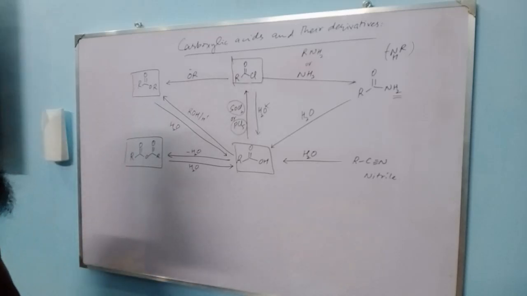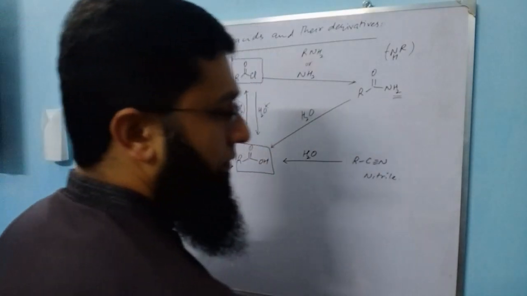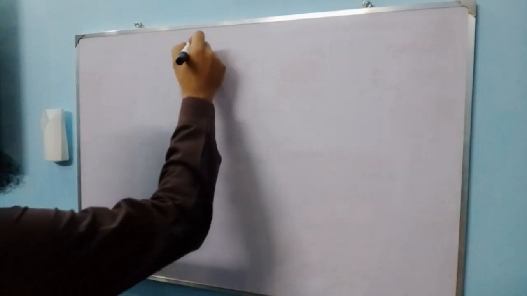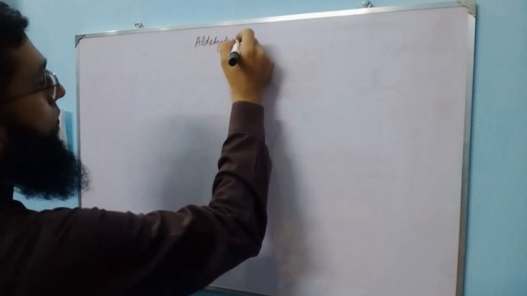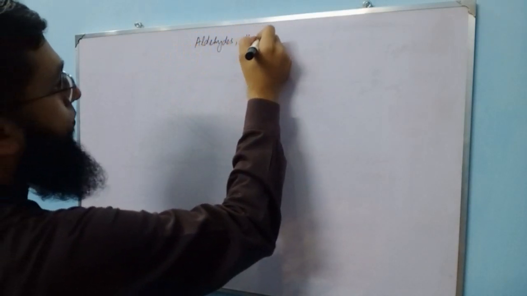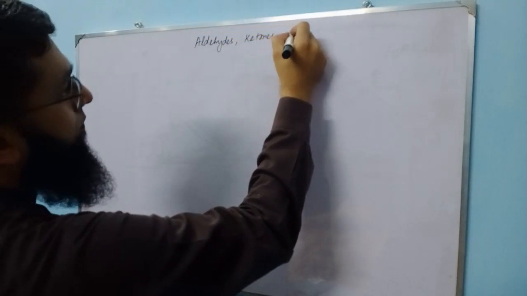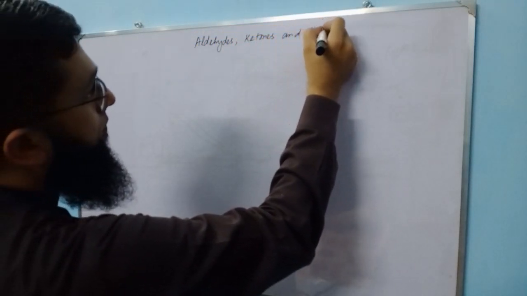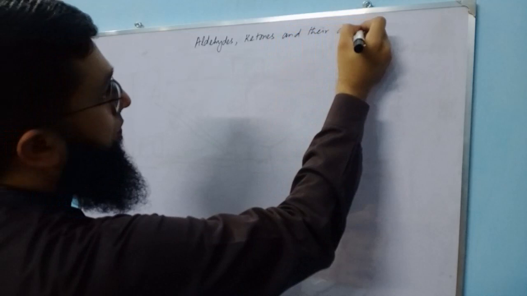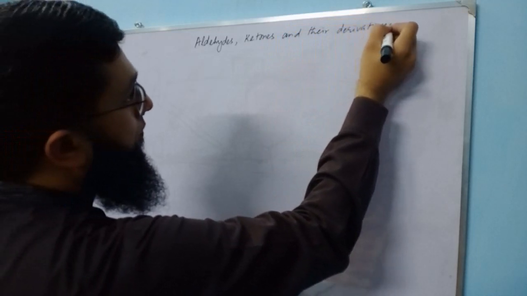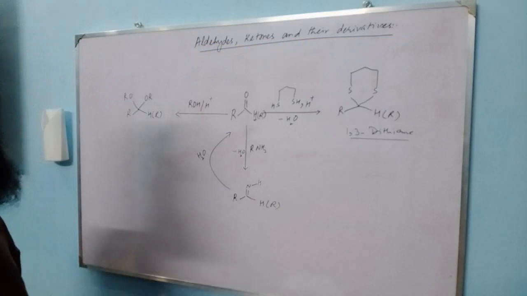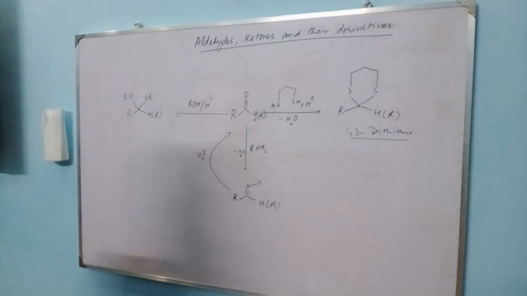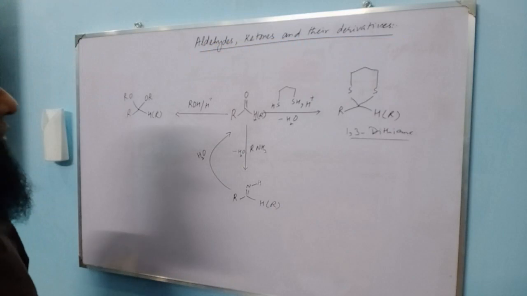Now the next category is aldehydes, ketones and their derivatives. These are a few conversions of aldehydes and ketones, and they can be converted into their derivatives.